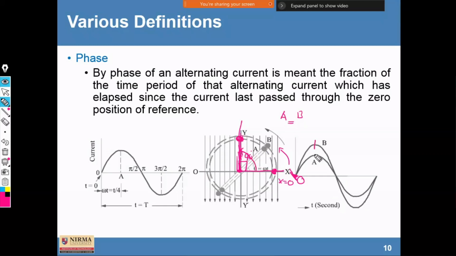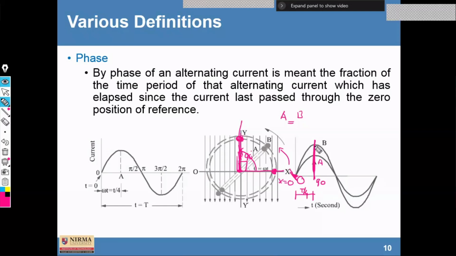They will reach their maximum values of A and B at the same time, because here the time period is T/4.